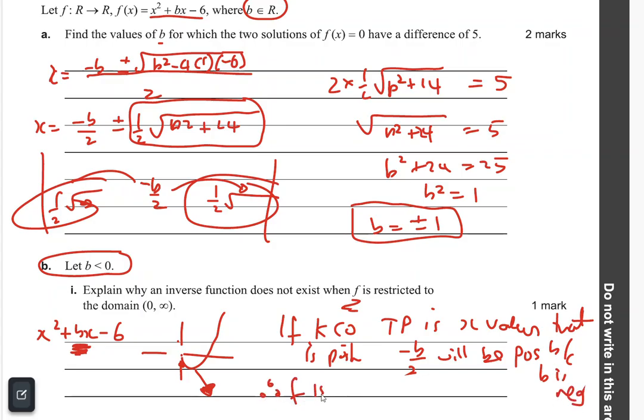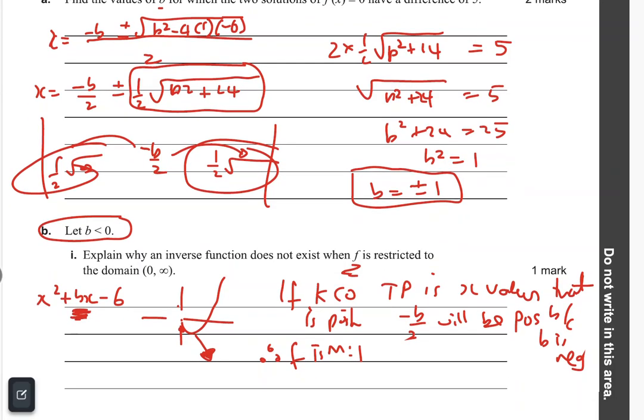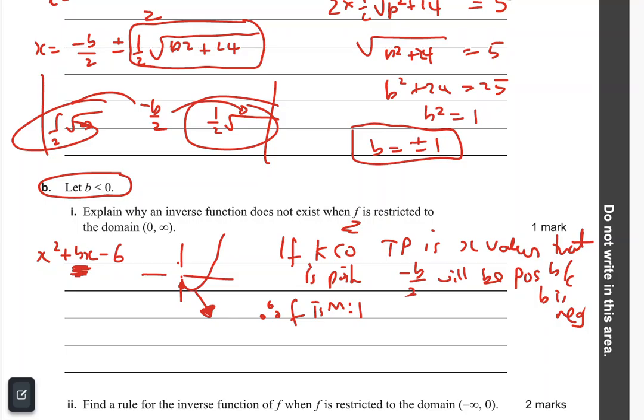Therefore, f is many to 1. So the inverse is 1 to many, therefore not a function.